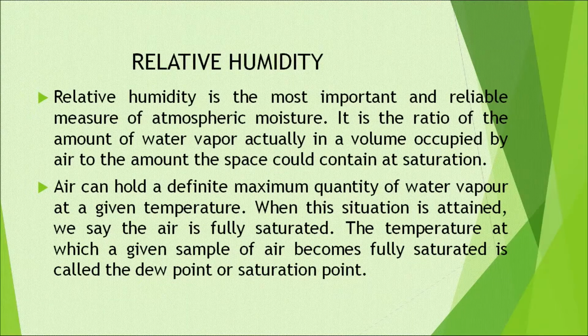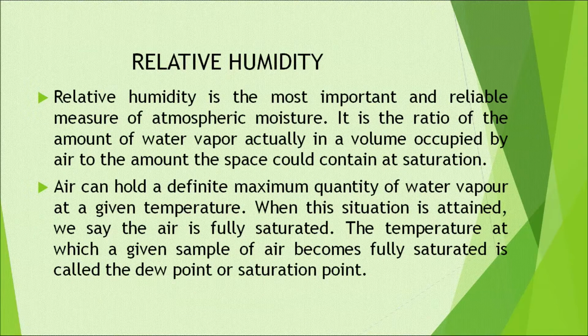Now let's come to relative humidity, which is the most important and reliable measure of atmospheric moisture. It is the ratio of the amount of water vapor actually in a volume occupied by air to the amount the space could contain at saturation. Air can hold a definite maximum quantity of water vapor at a given temperature.